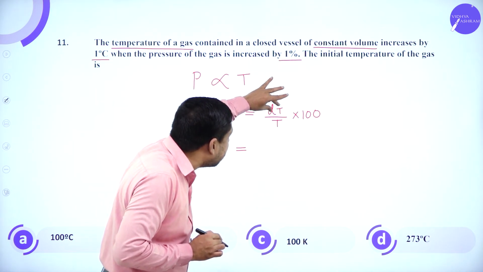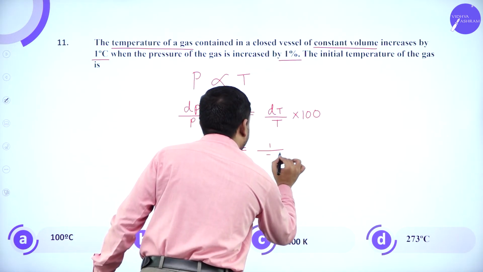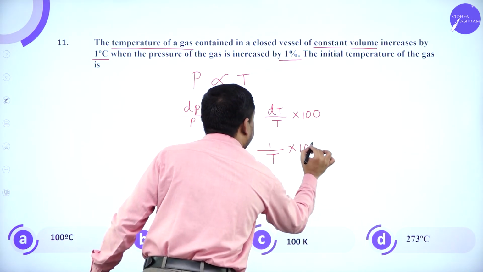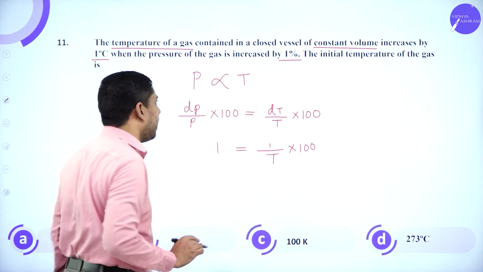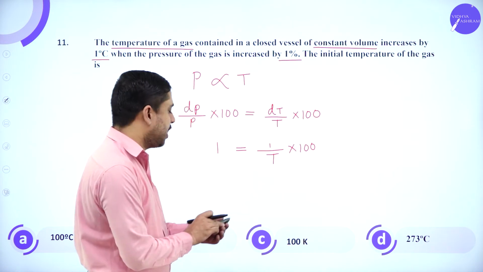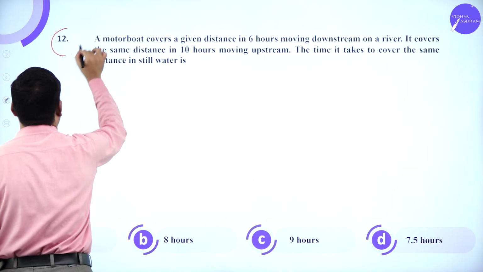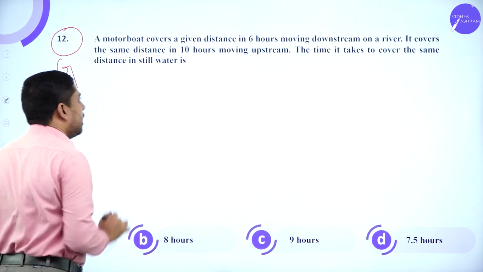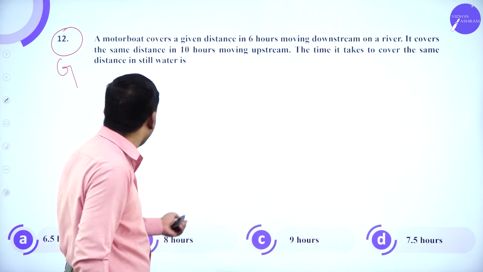This is the increase in temperature, dT. This is 1 by T into 100. Then what is the value of T? It is 100 degrees Celsius. This question goes for a toss. So the data is abrupt, which went for grace marks.